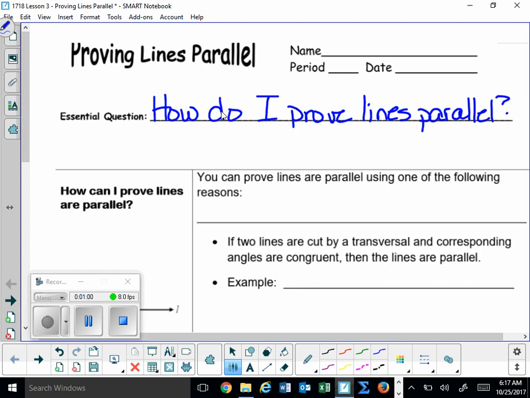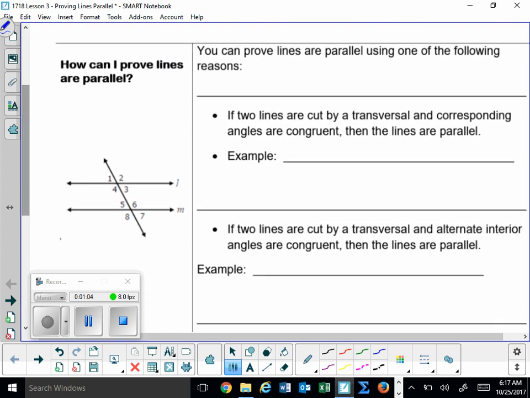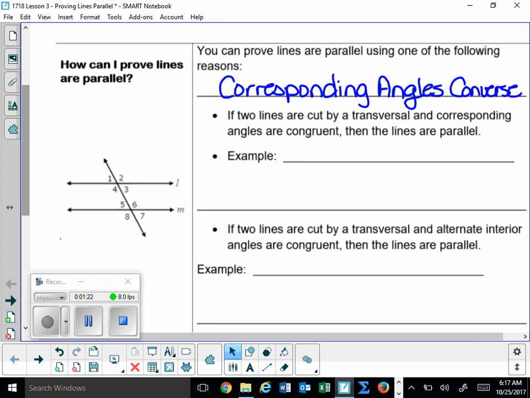Well, we have several ways to do it. We can use the corresponding angles converse. If two lines are cut by a transversal and corresponding angles are congruent, then the lines are parallel.